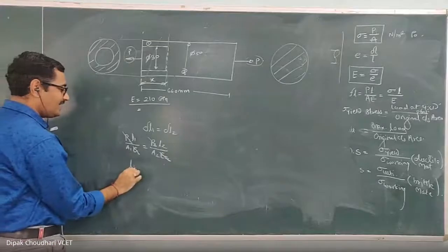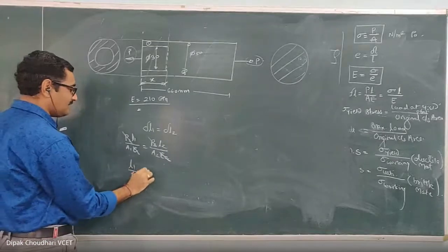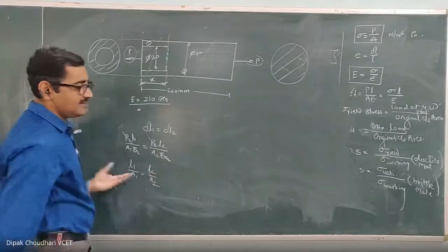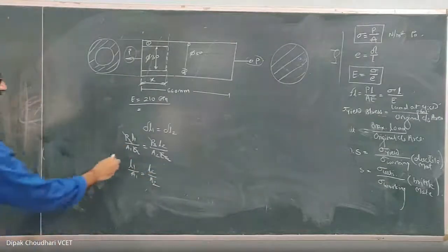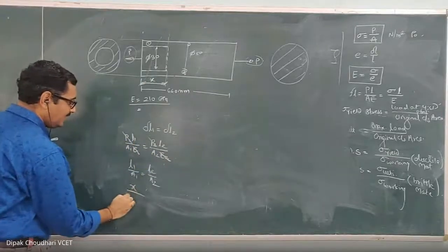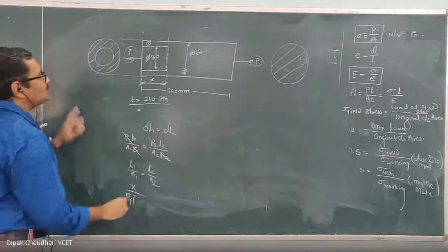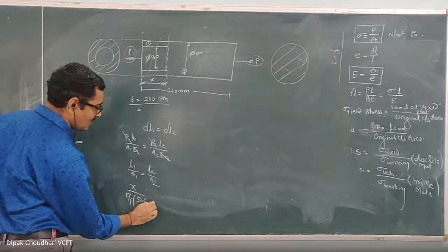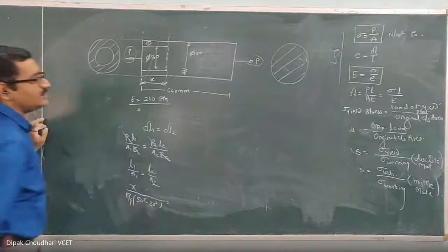So L1 upon A1 equals L2 upon A2. Now just substitute the values. L1 is x, upon area pi by 4 into 50 square minus 30 square, because it is the hollow part.